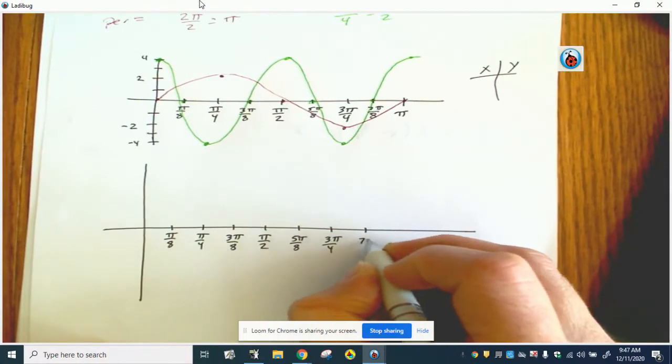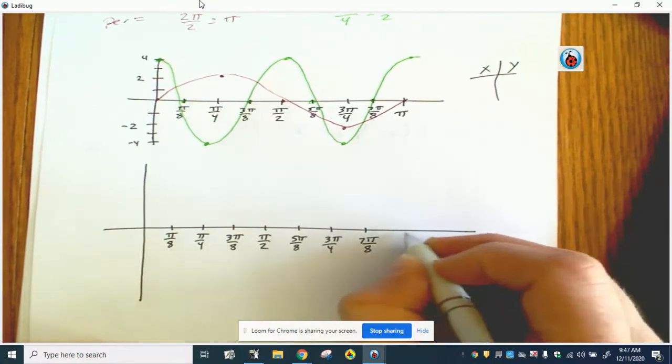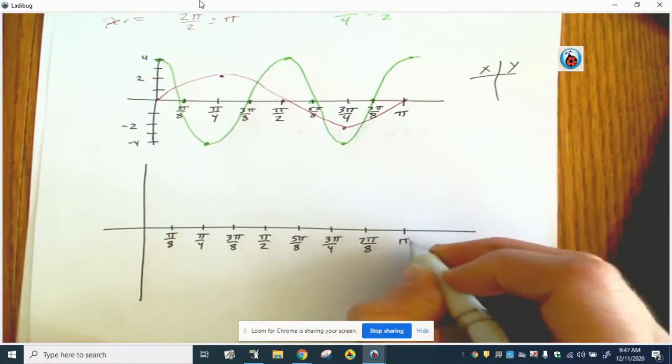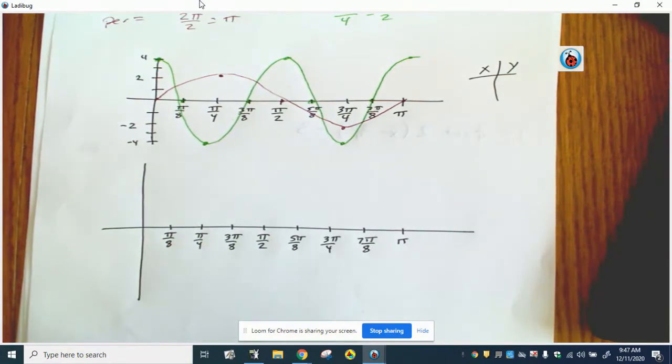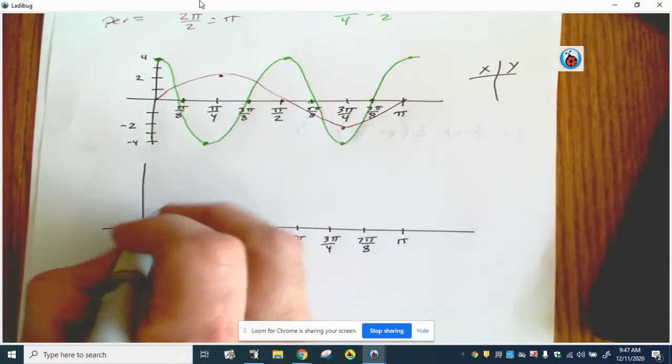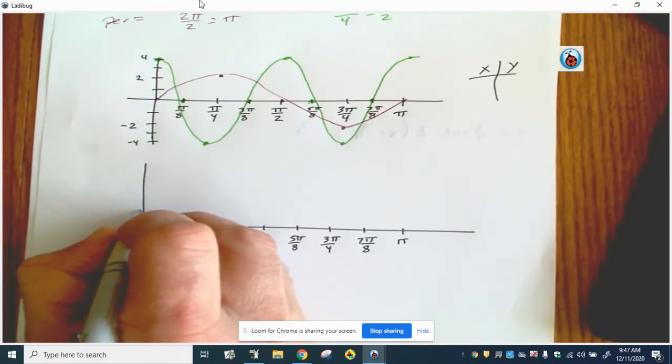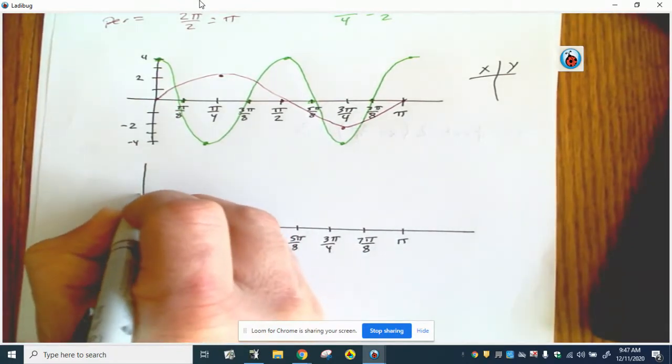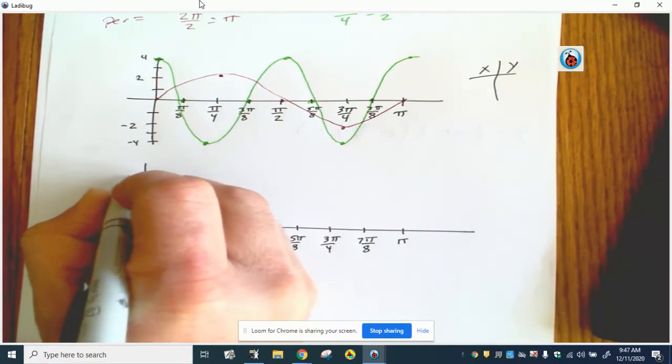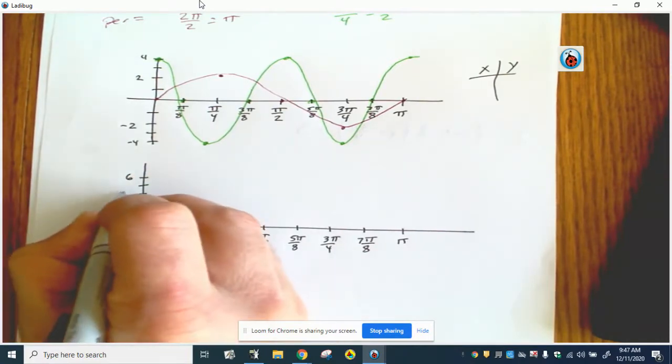Notice, I haven't touched my calculator yet. Yes, in the end, we're going to use our calculator to do the majority of the work, but I'm not going to touch that just yet. Now, notice I'm going all the way up to 6: 1, 2, 3, 4, 5, 6.